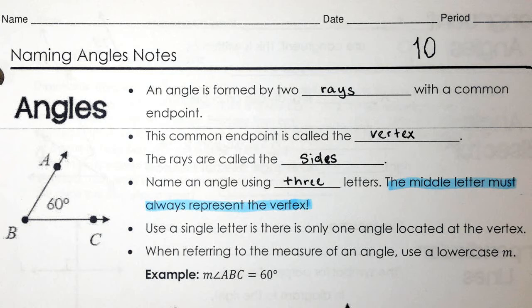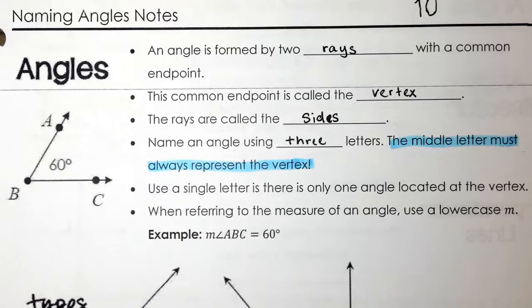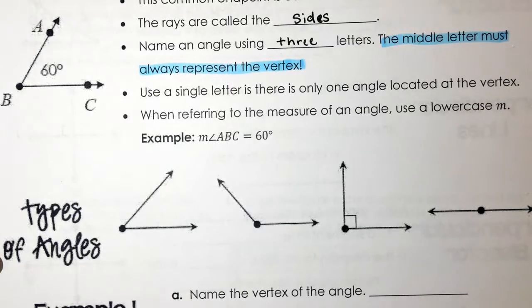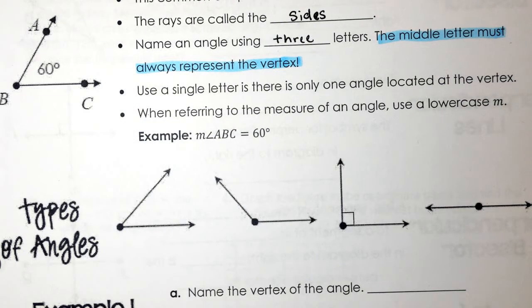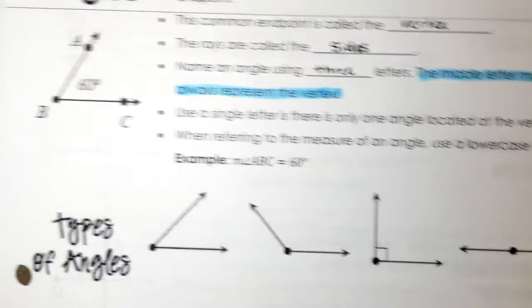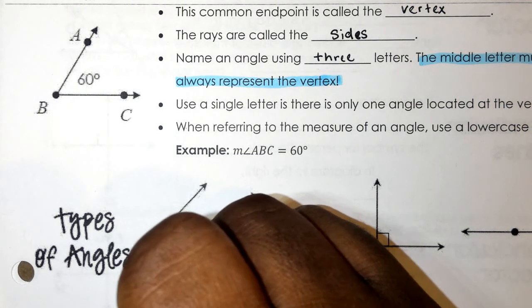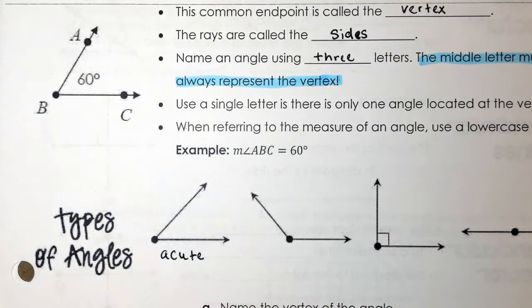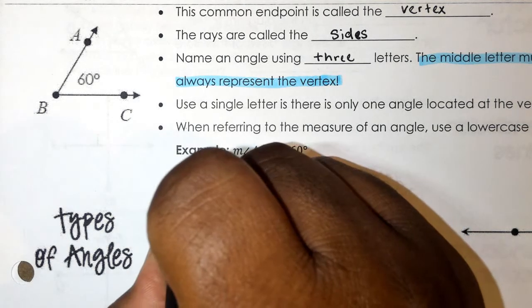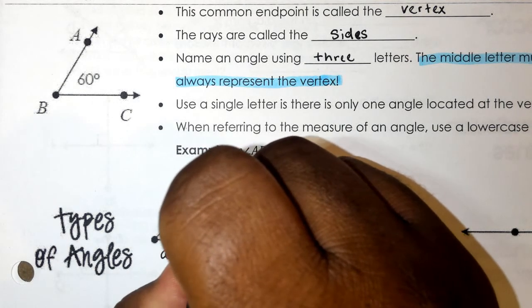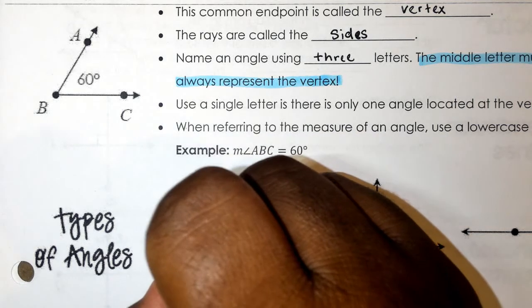Alright. Sliding on to the next part. Types of angles. We already know this, so I'm going to blast through. Our first type, and you should all know, an acute. An acute angle is less than 90 degrees.